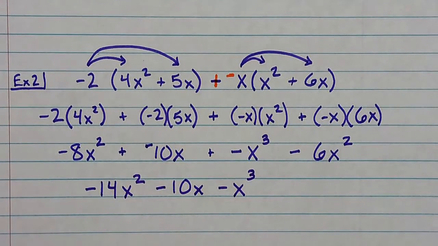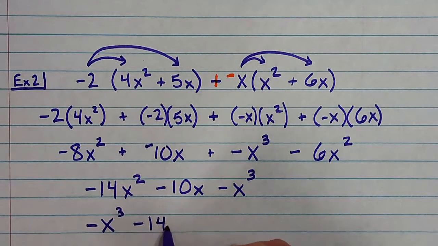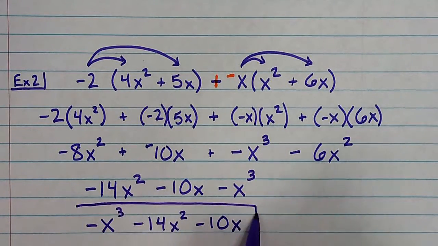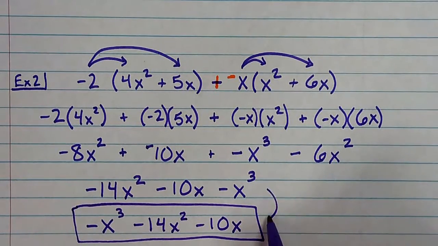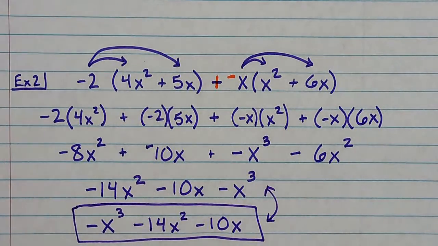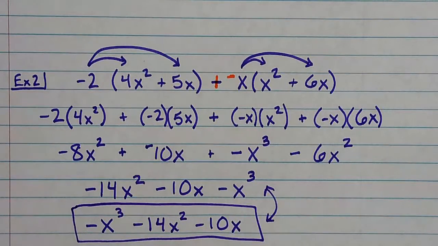If I were to rearrange these in a descending order for the exponents, it would be negative x to the third minus 14x squared minus 10x. Either one of these is okay. Universally, we typically write exponents in a descending order.